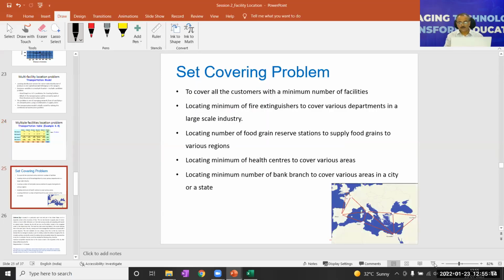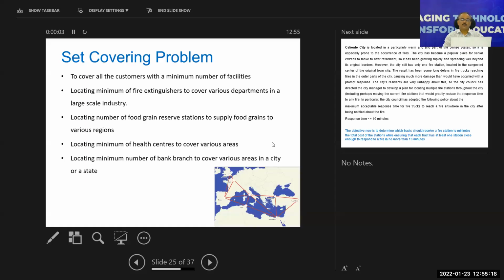Another situation wherein you can come across the facility location decision is a set covering problem. It's a situation wherein a facility has to be located and that facility has to cover the entire region. For example, if 50 retail locations are to be covered by the location of a dealer.